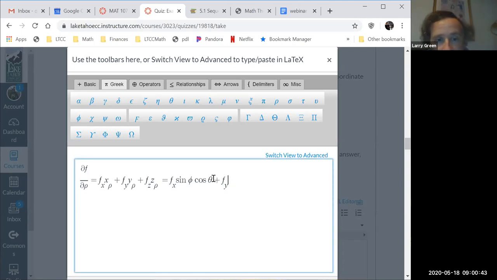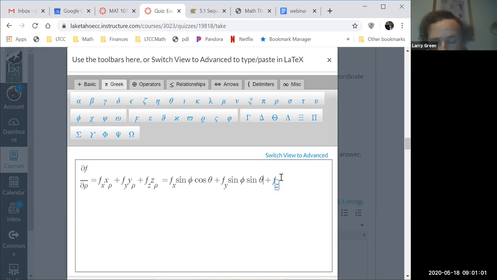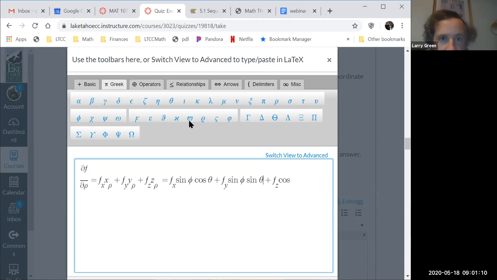Same idea, except instead of rho sine phi cosine theta, it was rho sine phi sine theta. And then plus f sub z times z rho, and remember z is rho times the cosine of phi, so cosine of phi.